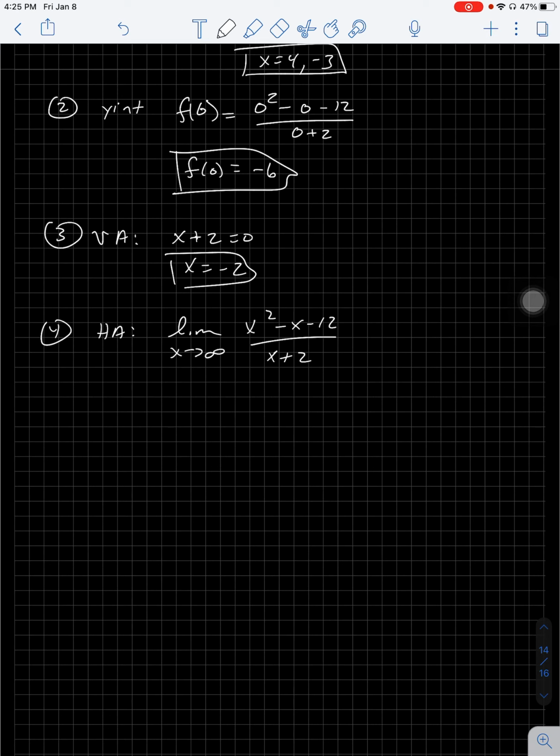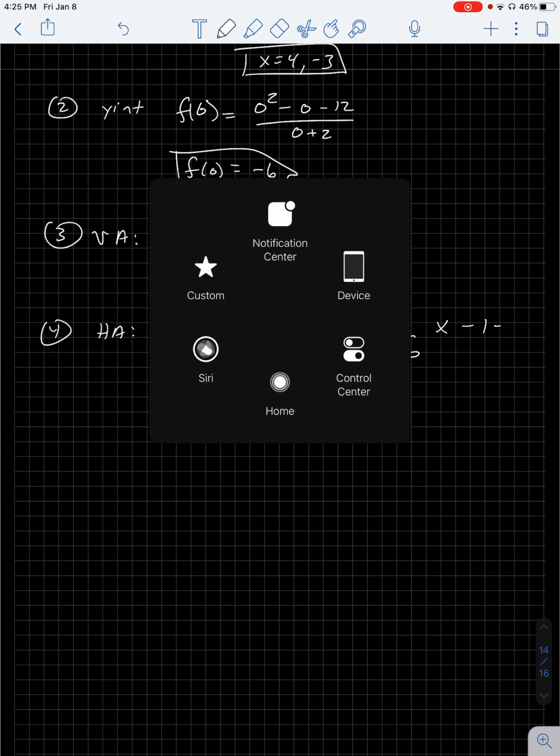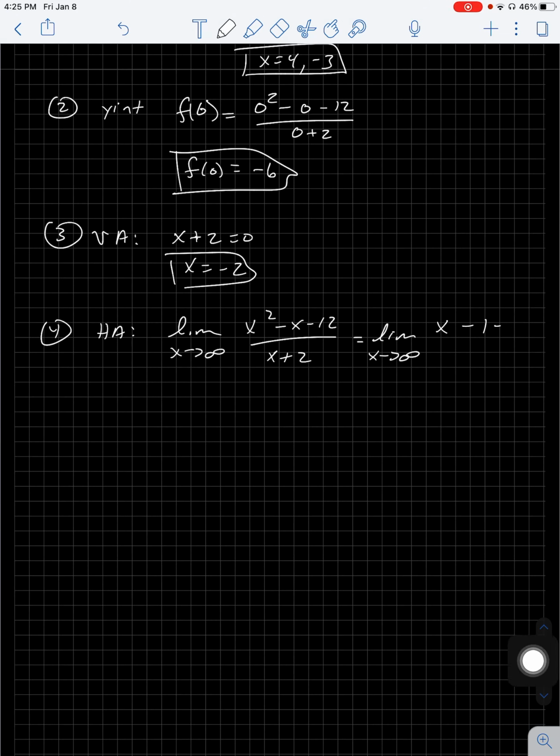And I want to divide everything by x, because that's the highest power of x in the denominator. So I'm going to get x on top. x over x is 1. 12 over x. x over x is 1, and 2 over x.